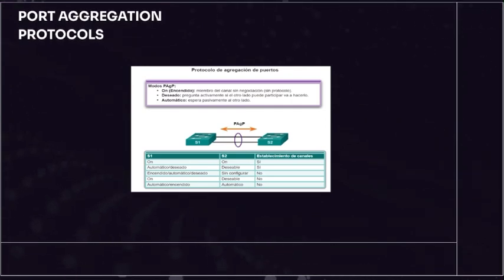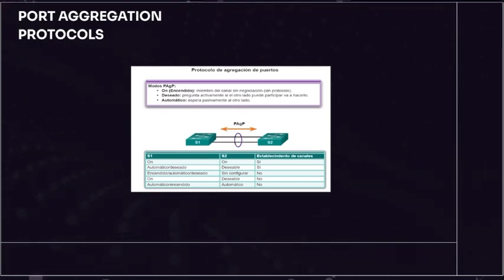Next, port aggregation protocols. EtherChannel can be implemented by grouping multiple physical ports into one or more logical EtherChannel links. EtherChannel provides full duplex bandwidth up to 800 megabits for Fast EtherChannel or 8 gigabits for Gigabit EtherChannel between a switch and another switch or host.